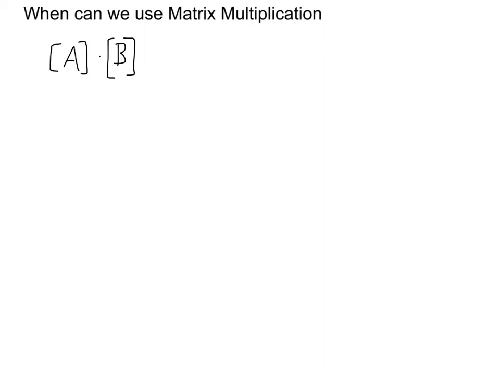In other words, if an M by N matrix is multiplying something like an N by O matrix, these inner dimensions, so it goes rows by columns, the columns of the first matrix have to be the same as the rows of the second matrix.